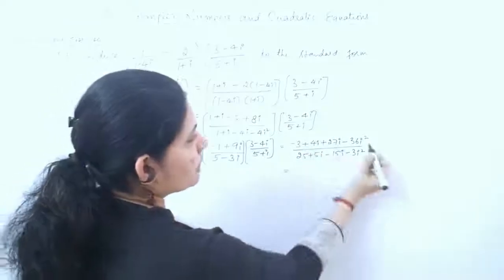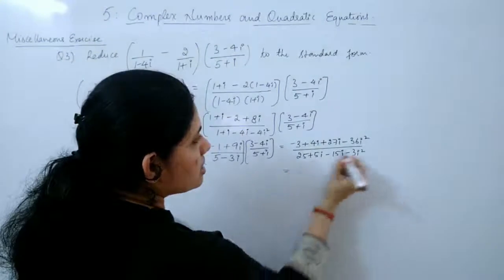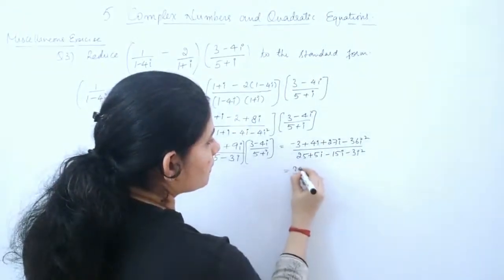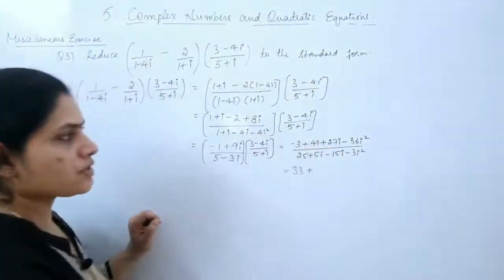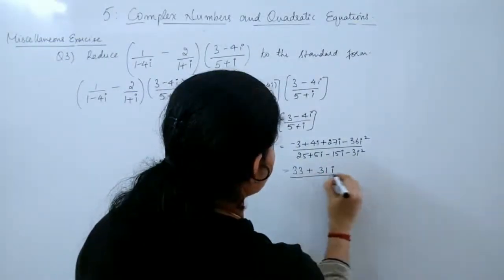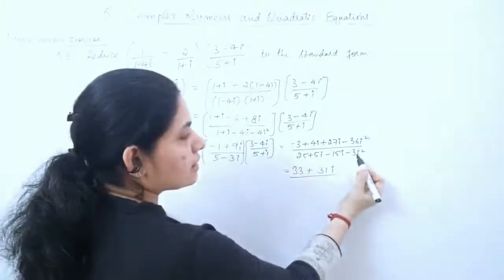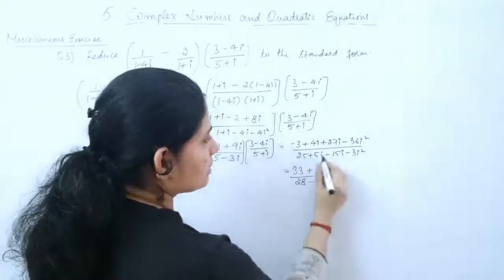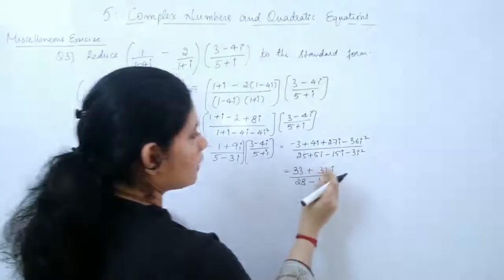Now here you can just replace i square with minus 1, so that this will become minus 3 plus 36 will give you 33 plus, here you will have 27 plus 4 will give you 31i divided by, again 25, here this will become positive 3, so this will give you 28, and here it is minus 10i. So the term is now like a by b form.